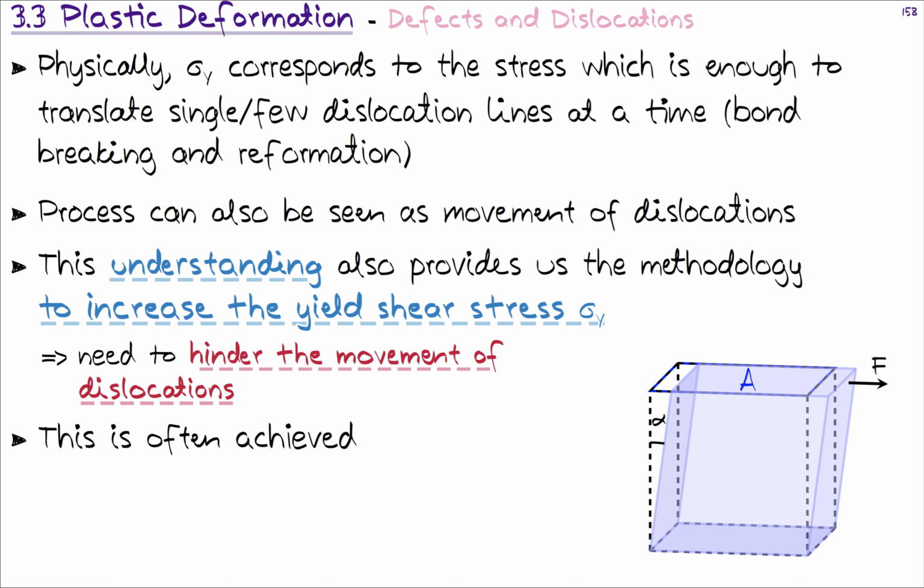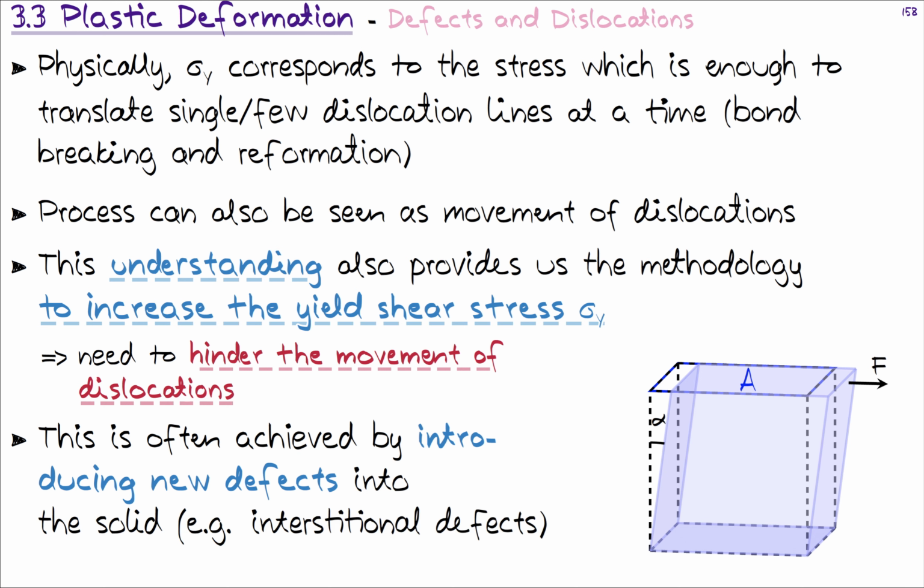And this is actually what happens when we do this kind of material development. This is often achieved by intentionally introducing new defects into the solid. So for example, recall the carbon steel, where we intentionally add carbon to make harder steel.